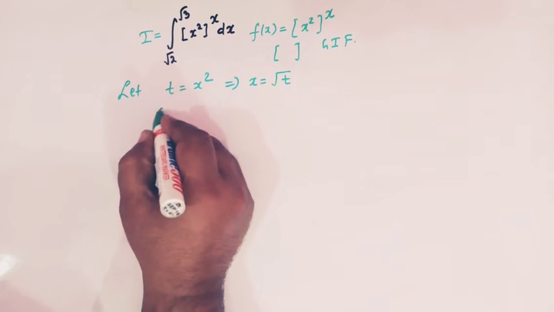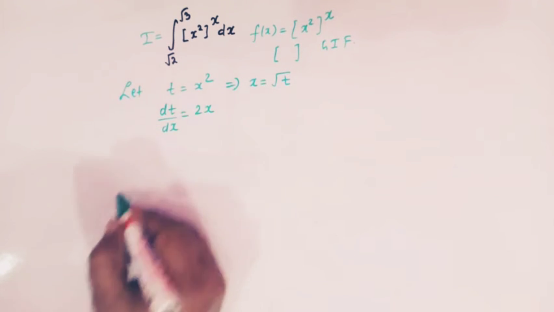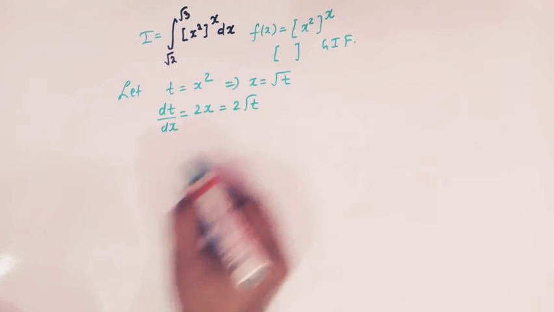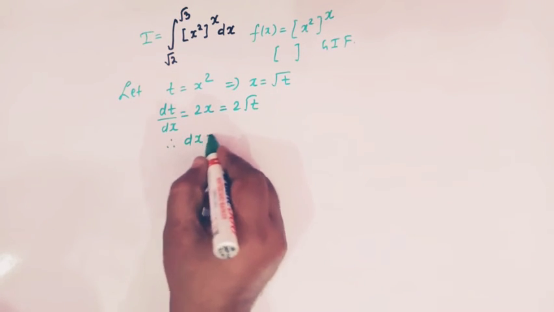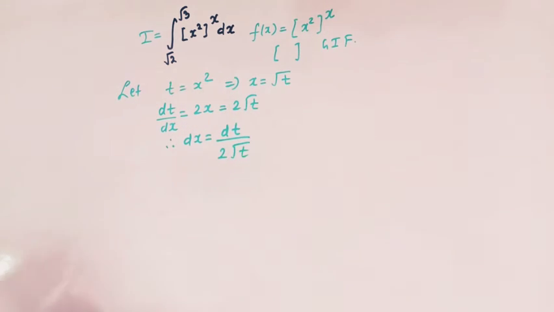Now dt over dx is equal to 2x, and x is square root of t, so here we have 2 times square root of t. Therefore dx is equal to dt over 2 times square root of t.